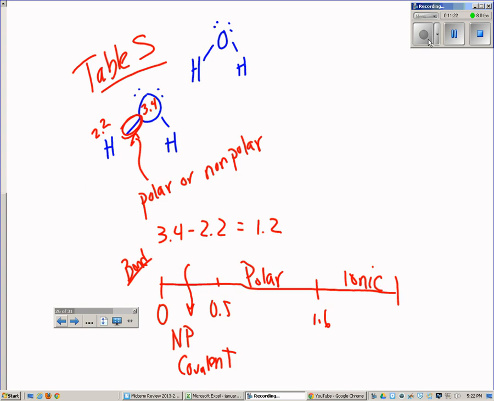Hydrogen sees that there's this lone pair of electrons sitting on a neighboring oxygen, and there's a brief attraction to that lone pair of electrons. This right here is called a hydrogen bond, but more importantly for right now, it is an intermolecular force, or an IMF. There are three types of intermolecular forces. There's hydrogen bonding, there's dipole-dipole, and there's dispersion.